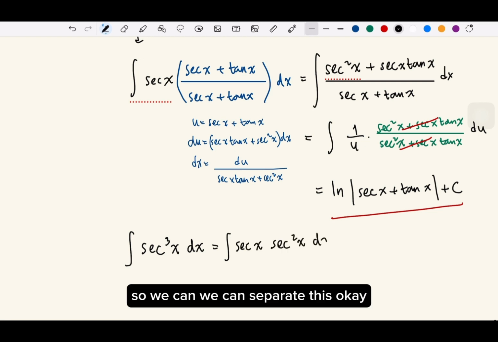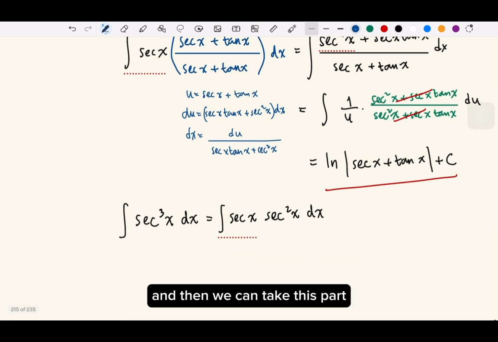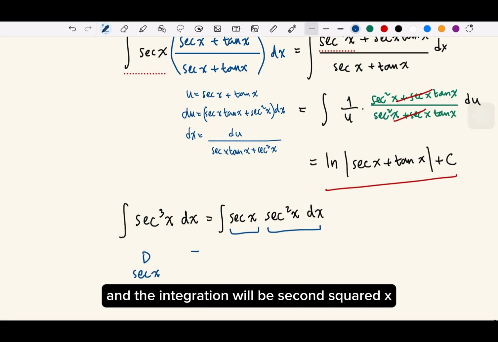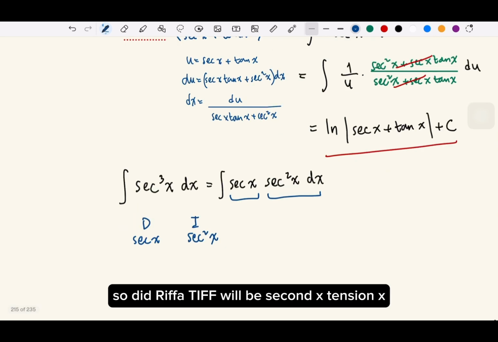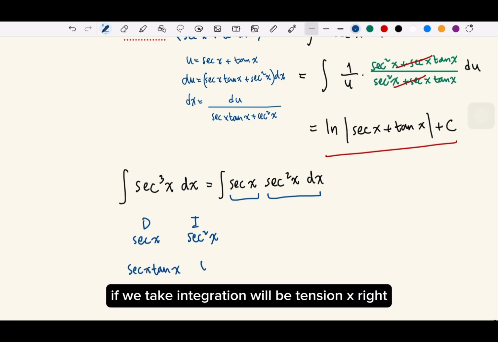So we can separate this, and then we can take this part to become our integration by parts. Since we know the derivative, let's say d is secant x and the integration will be secant squared x. So the derivative will be secant x tangent x. If you take the integration, it will be tangent x, right?